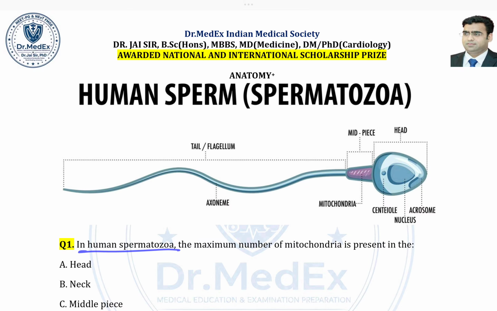Today we will learn about the human spermatozoa, the male reproductive cells responsible for fertilization and the beginning of human life. We will discuss the structure, parts, functions, and its important clinical and examination point of view, relevant for MBBS, FMGE, and NEET-PG aspirants.